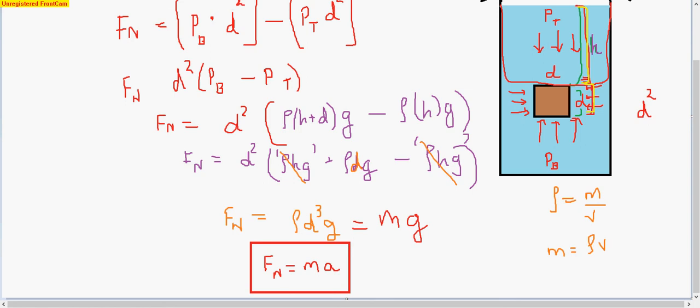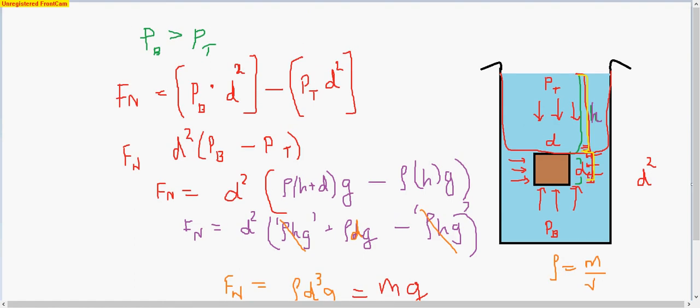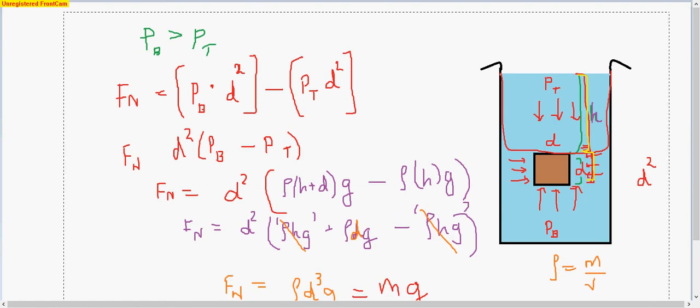Okay, so I'll just once more tell you about Archimedes Principle. Simply write it down. It's quite important, that's why. Okay, I'm gonna delete this.